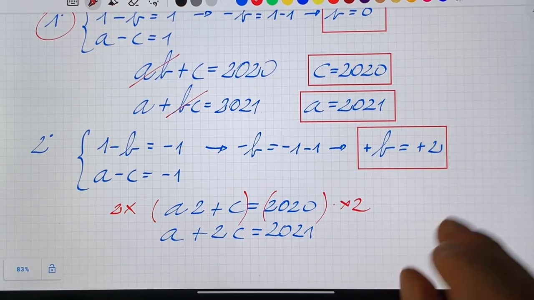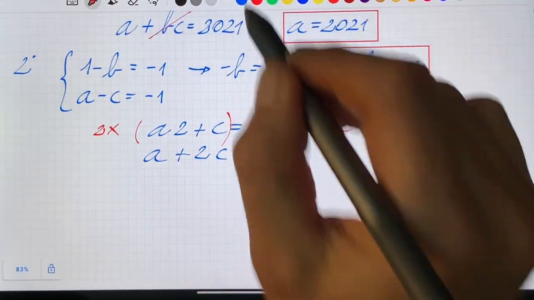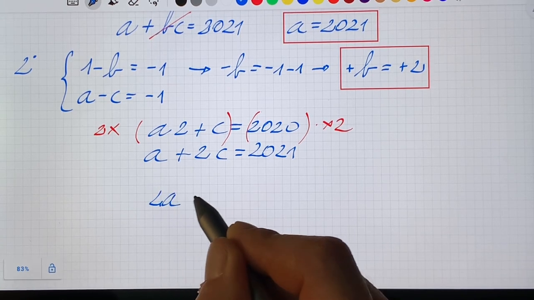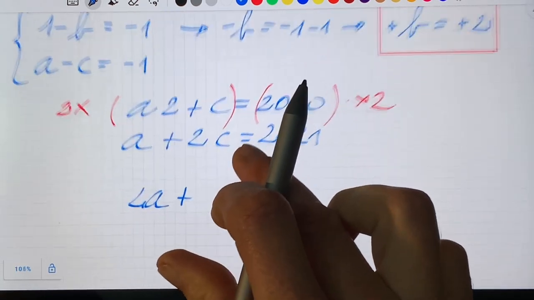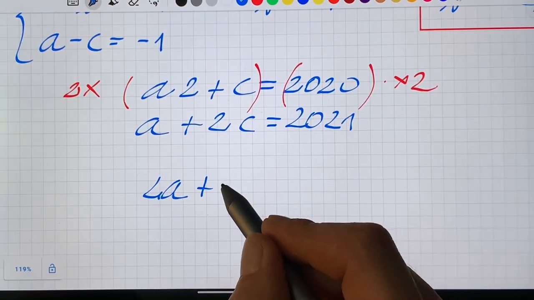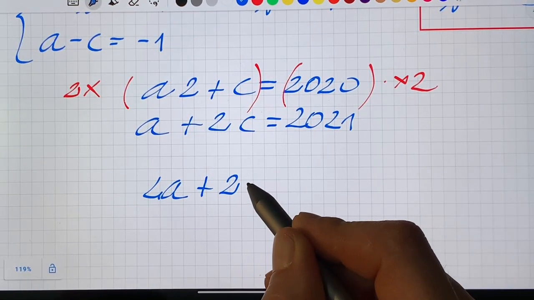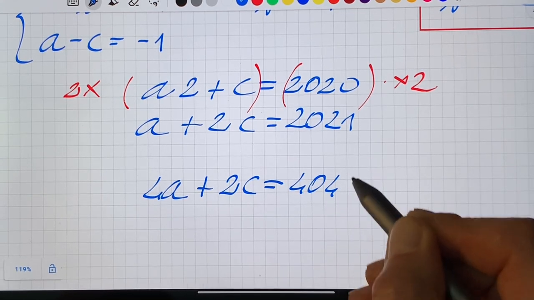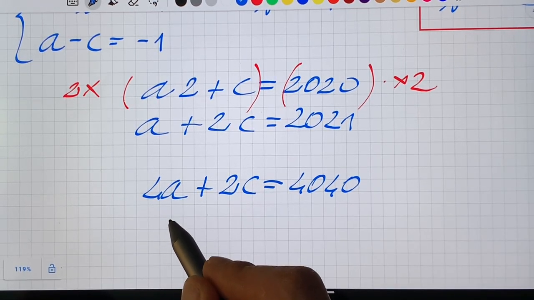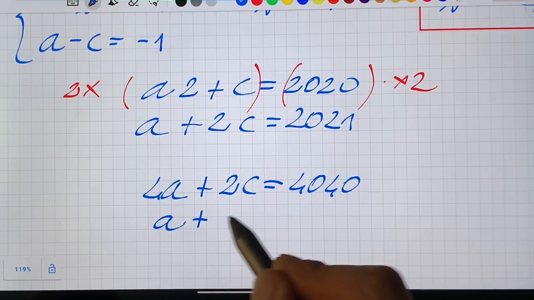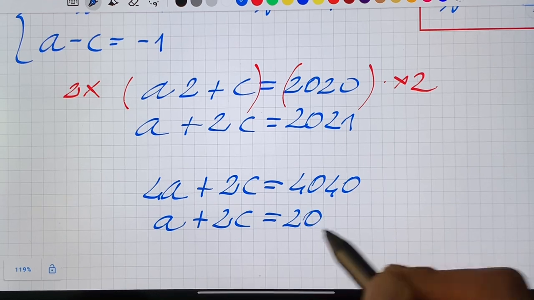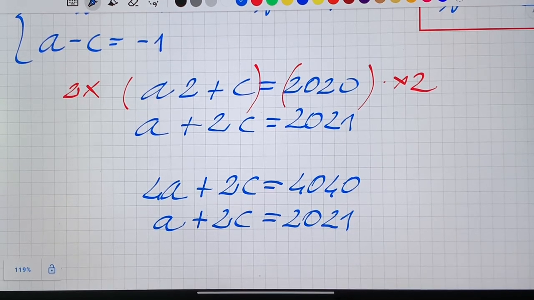And we will have 4a plus 2 times c is equal to 4040. And then here we have a plus 2 times c is equal to 2021.